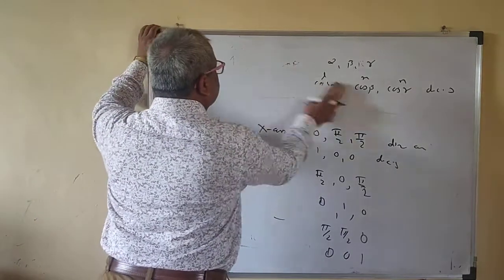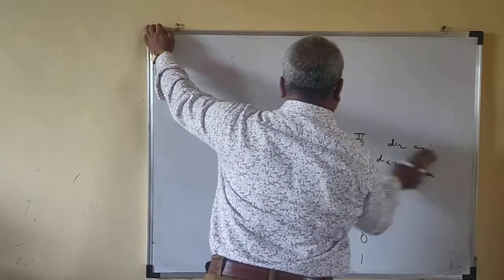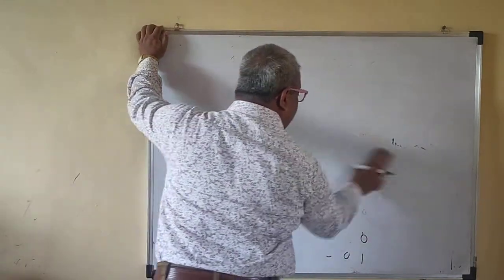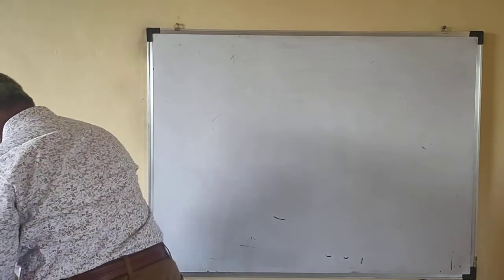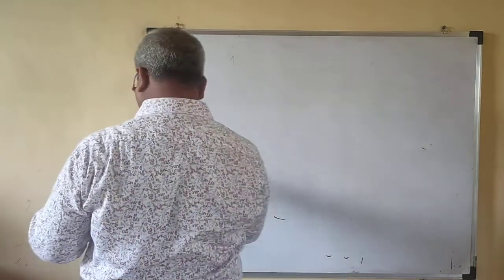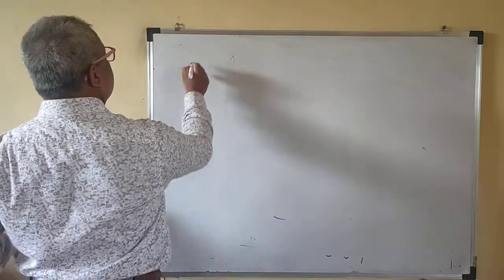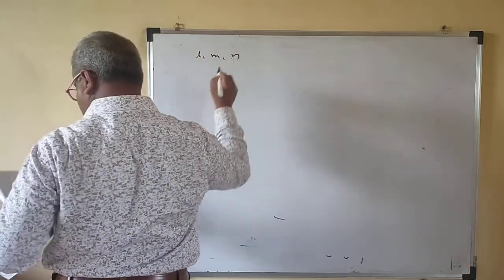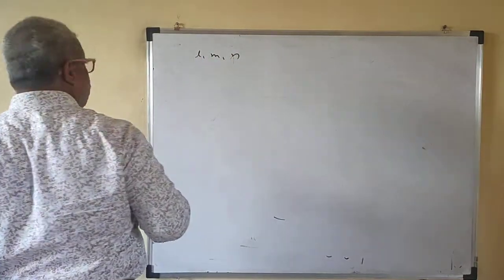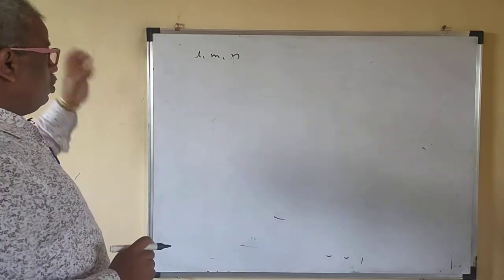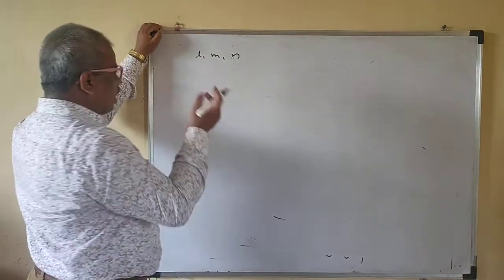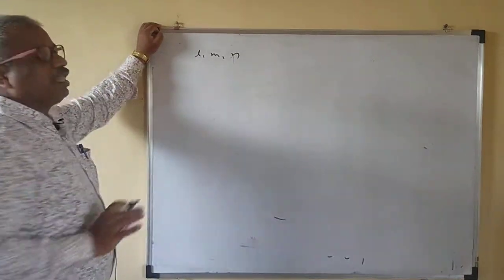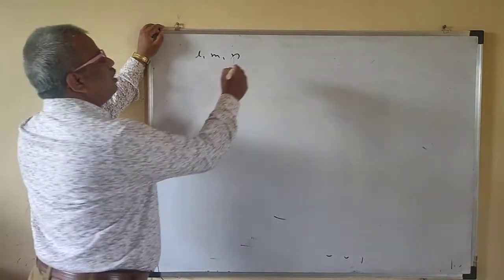Okay, now they are denoted by L, M, N. So L, M, N are the DCS.